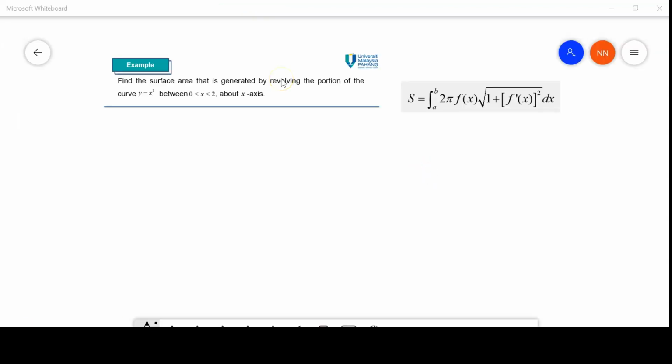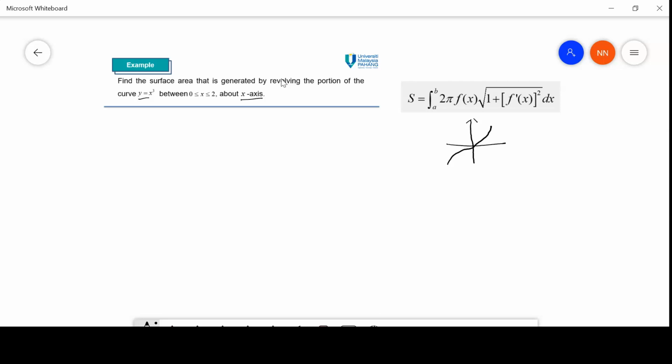Alright, let's look at this example. Find the surface area that is generated by revolving the portion of the curve y equal to x cubed, where x is between 0 and 2, about the x-axis. If we sketch this curve, we have y equal to x cubed, something like that.